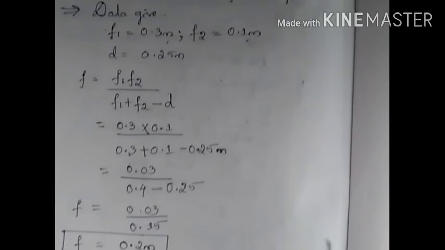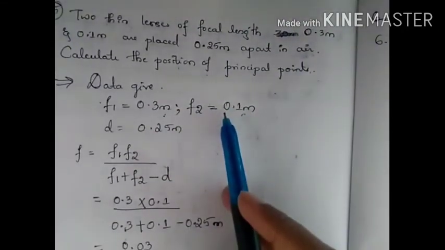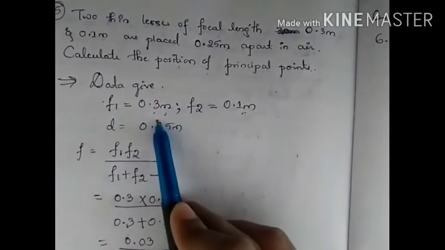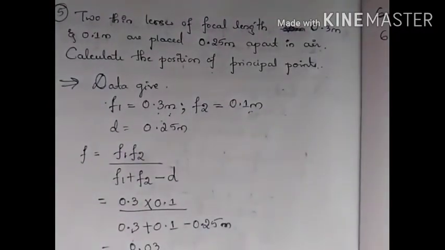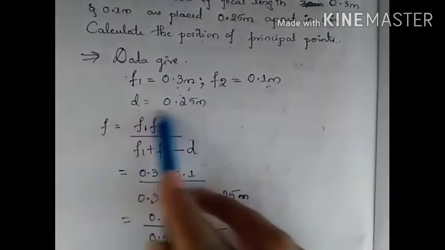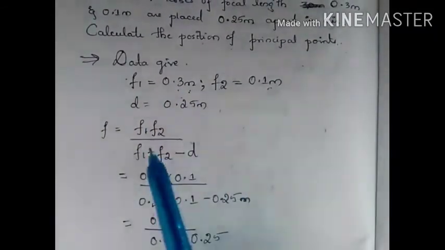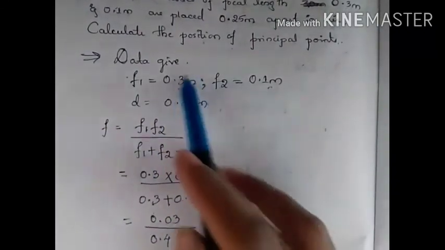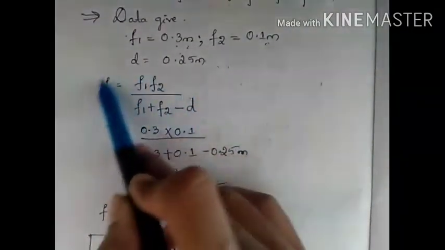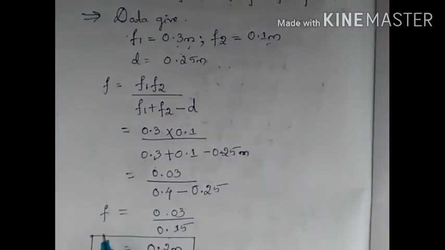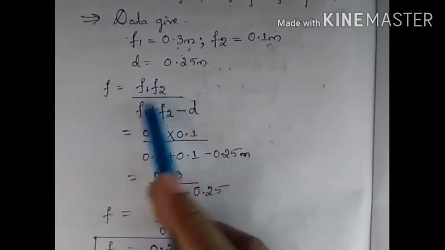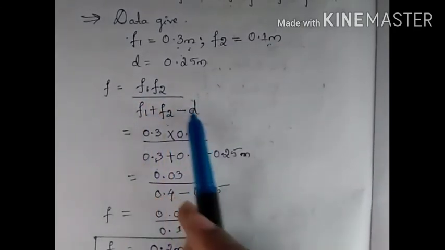To do that, we first wrote the focal length of each lens. For the first lens, the focal length is given as 0.3 meters and for the second lens, 0.1 meters. These two thin lenses are separated by a finite distance of 0.25 meters, which is larger compared to the focal lengths of the lenses. So we wrote the equation for the equivalent focal length: f is equal to f1 f2 divided by f1 plus f2 minus d.